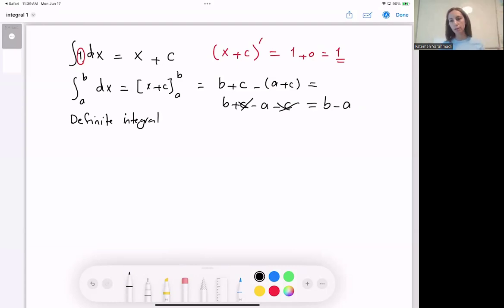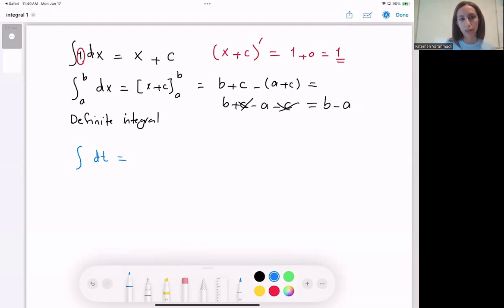So this is the simplest integral that you have. The integral of 1 dx, the definite form, indefinite form. And I expect you to ask, what if I change this variable? What happens if I change this variable? What do I mean by that? For example, if I ask you to find the integral of dt, what is your answer?